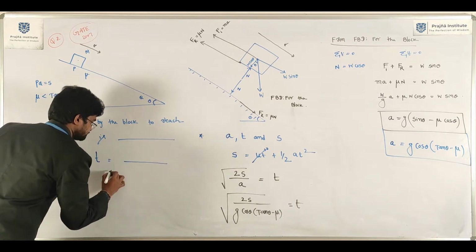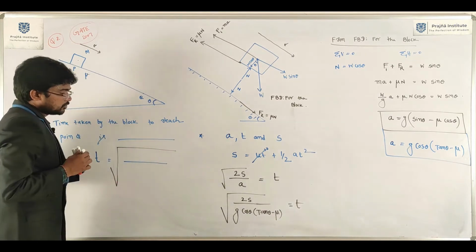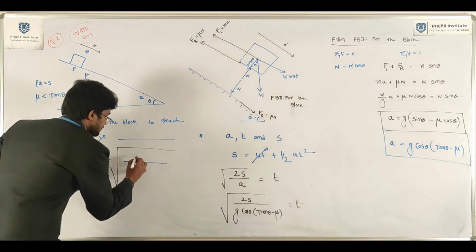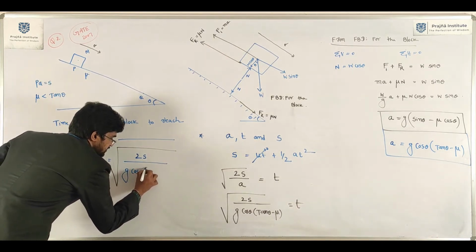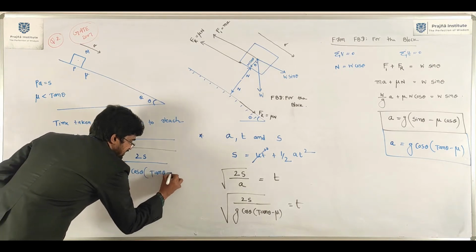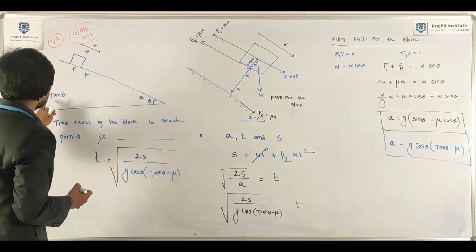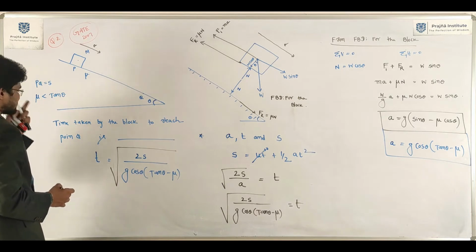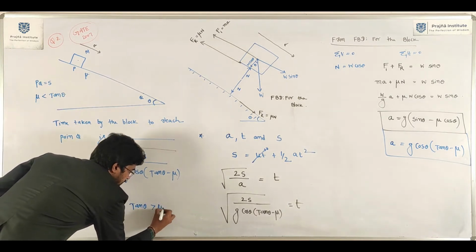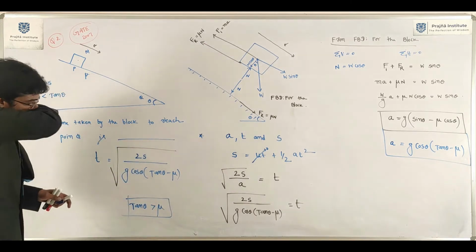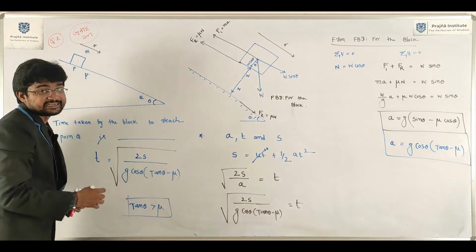That is square root of 2s by g cos theta into tan theta minus mu. Here mu must be less than tan theta, that is, tan theta must be greater than mu, otherwise you will get a negative term.